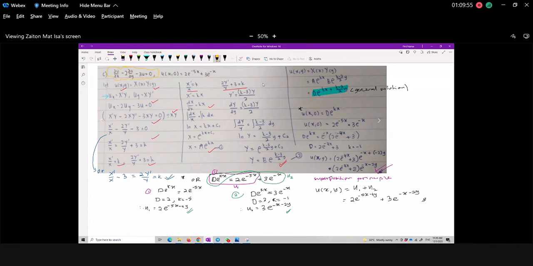When we compare this with this, they are slightly different in this part. If you expand, this will equal 2e to minus 5x and then minus 2y. And the next one is 3e to minus x minus 2y. Okay, so it's not the same. You have to take note. The for sure correct approach will be the superposition principle.